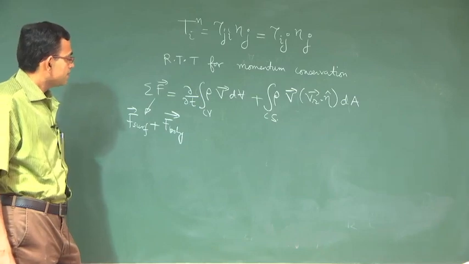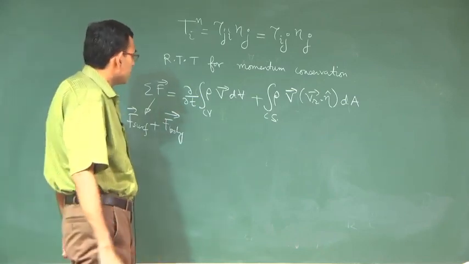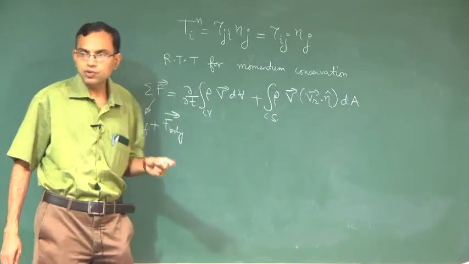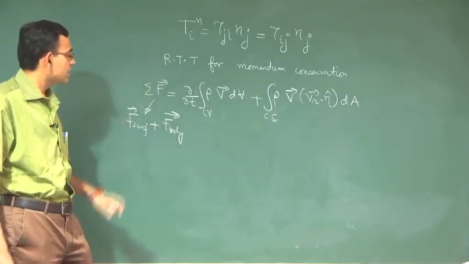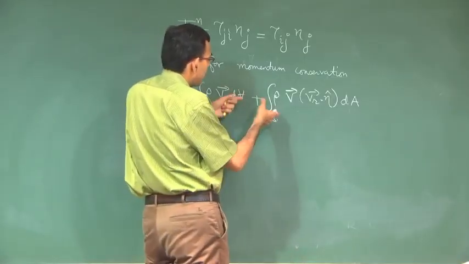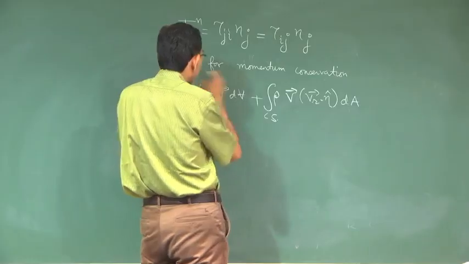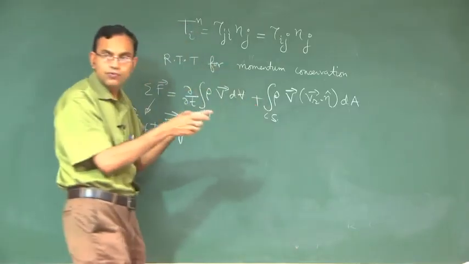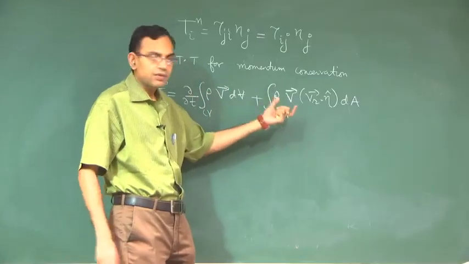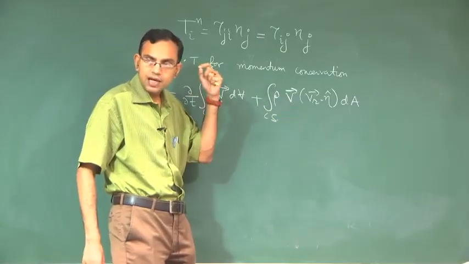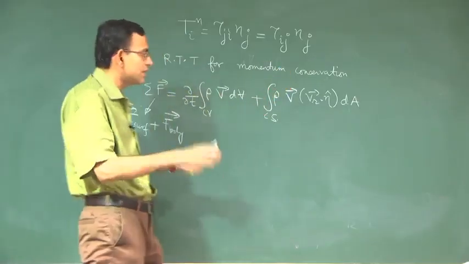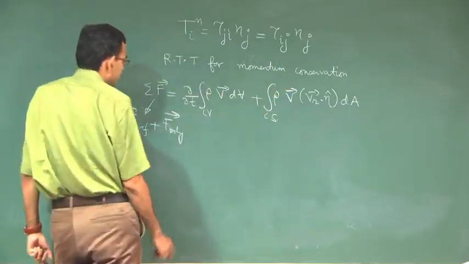Next, this is a vector equation, so it has its own components. We will write the ith component of this, and we will write this in the left hand side and F in the right hand side. This is what customarily in fluid mechanics we do. All the acceleration effects we put in the left hand side and forces we put in the right hand side to describe the equations. This is just a customary way of writing.